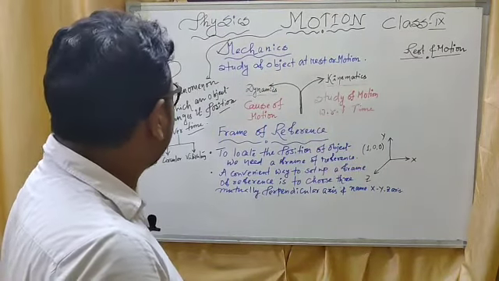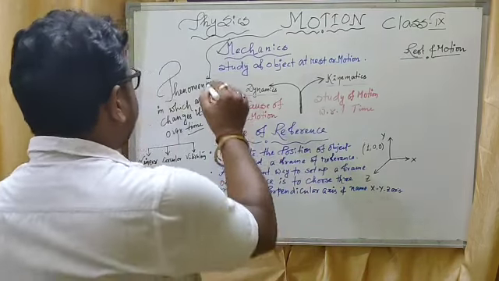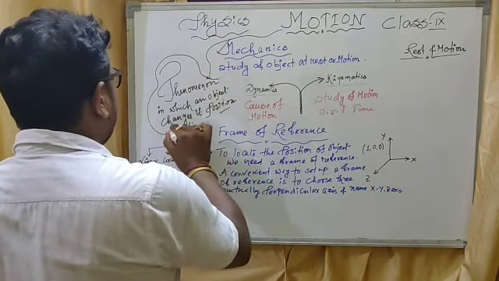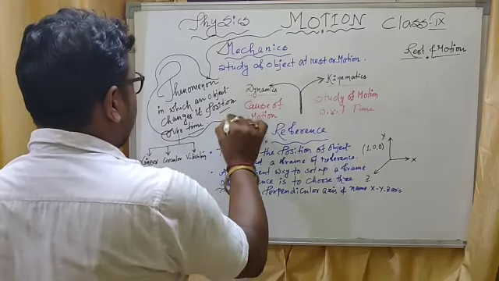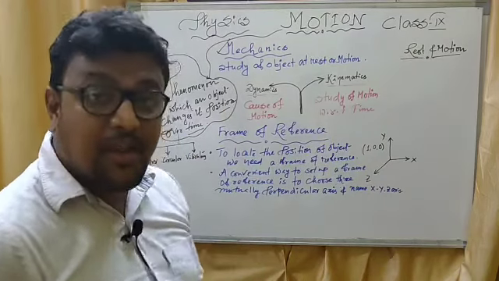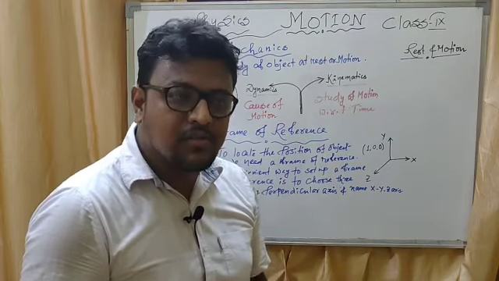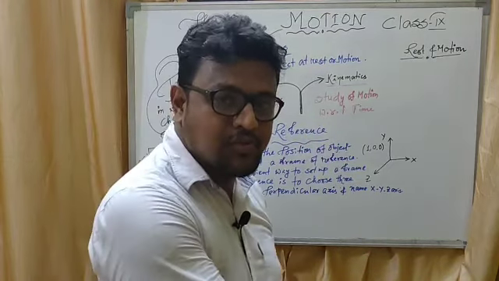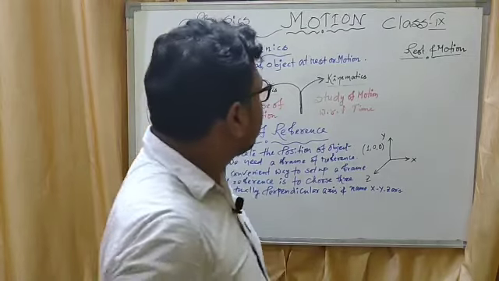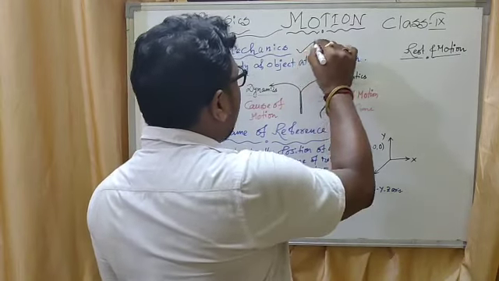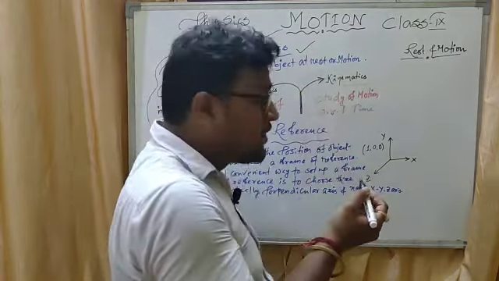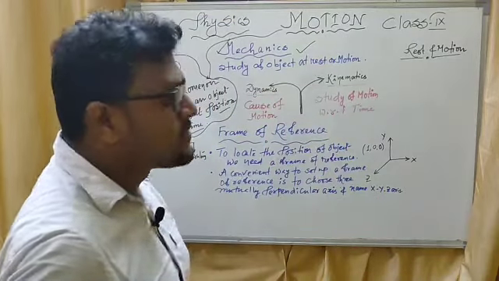What is motion? Motion is nothing but a phenomenon in which an object changes its position from rest to the moving position, right? That's why the study of an object at rest or in motion is called mechanics.